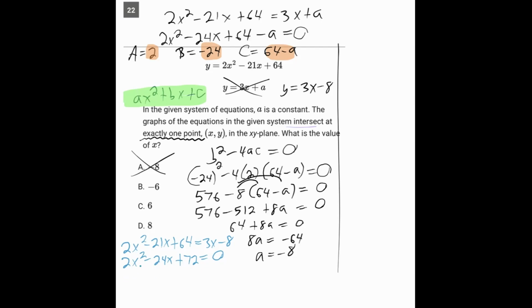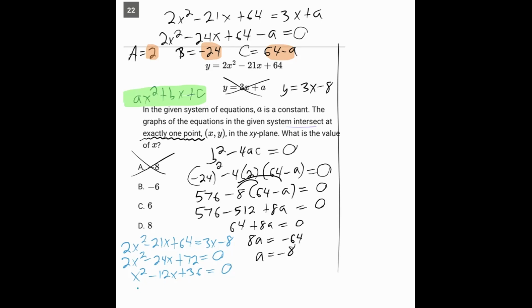And there's a little trick here. Here we have a GCF, and it makes everything a ton easier to realize that you can divide both sides by 2. x squared minus 12x plus 36 equals 0. Now we're in a BC factoring situation. We have a BC quadratic. There's no number in the A spot of the quadratic. So it's BC factoring, which means we need 2 numbers that add to negative 12 and multiply to 36.